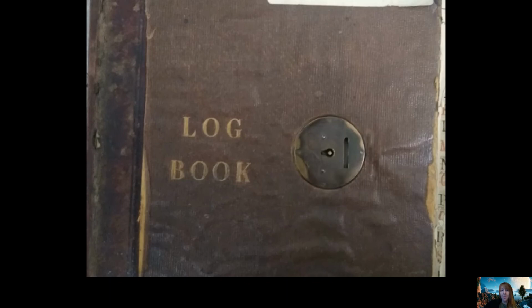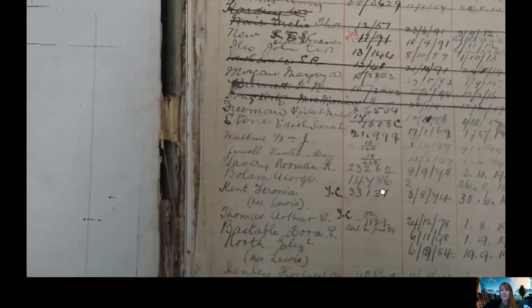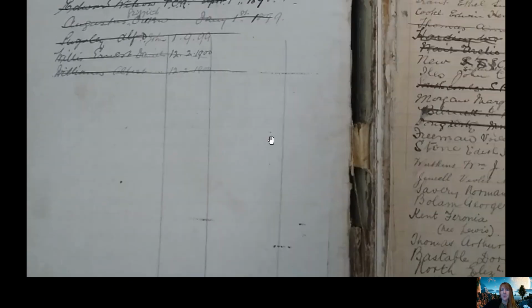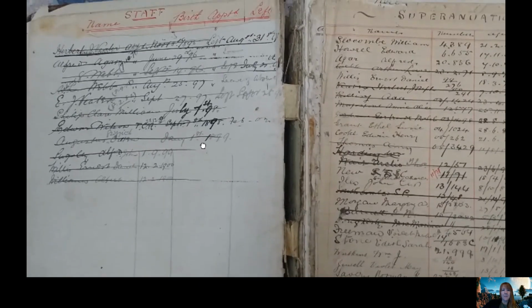Here we've got a log book, and inside you can see the details of some of the people that went to the school. And you can see some really old dates written down here. And you can see their names, and you can see some staff as well. It says staff, and I think that when they were crossed out must have been when they left.